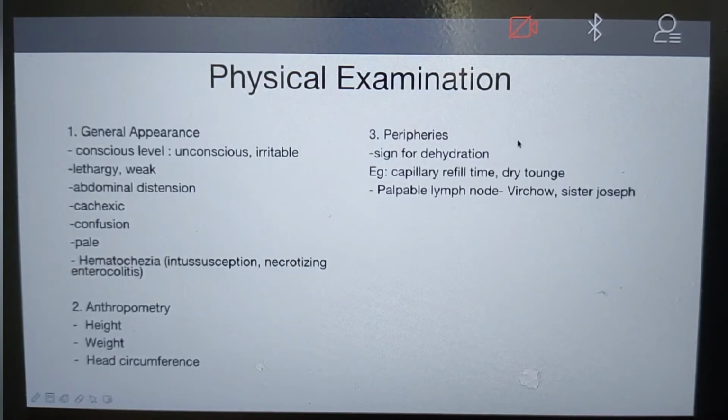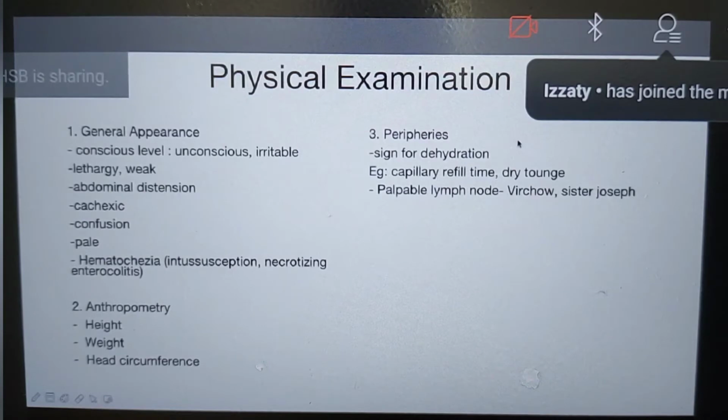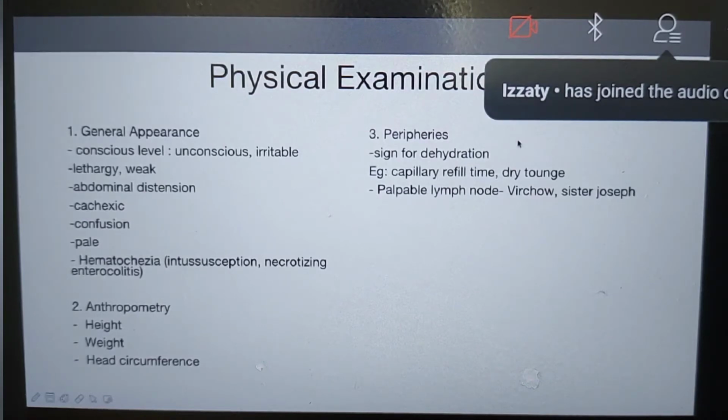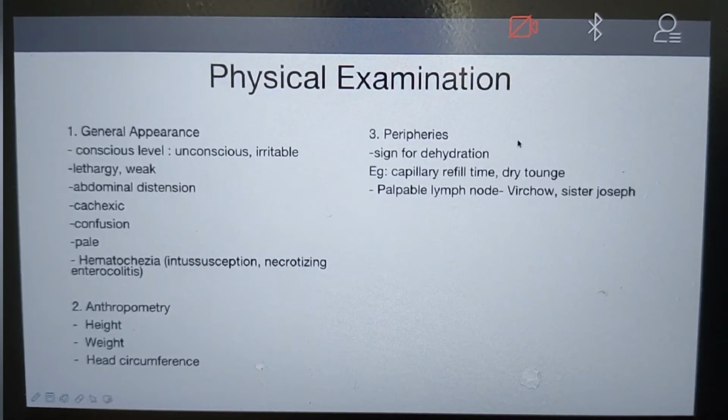Because this is a pediatric patient, we must also note the height, weight, and head circumference. Especially the weight, because we need to calculate the IV drip and medication after that. Then check the peripheries for signs of dehydration, especially capillary refill time and dry tongue.